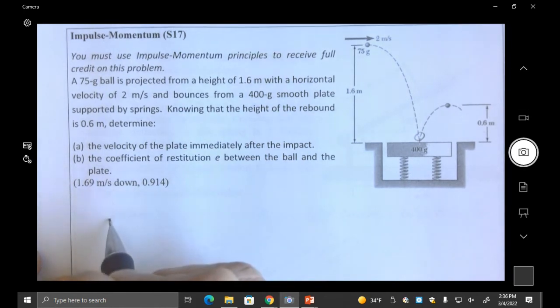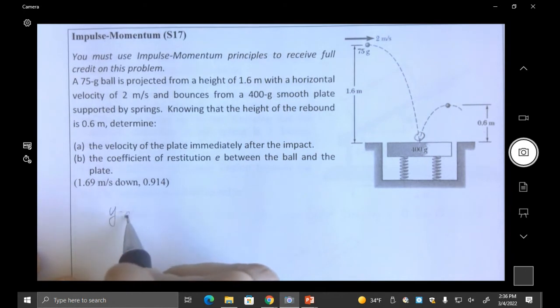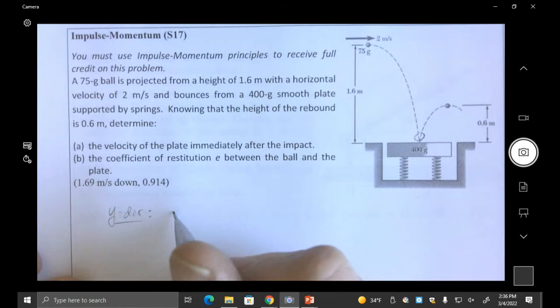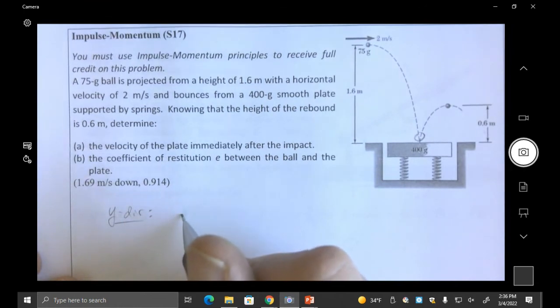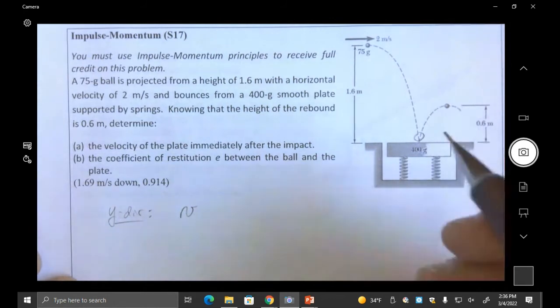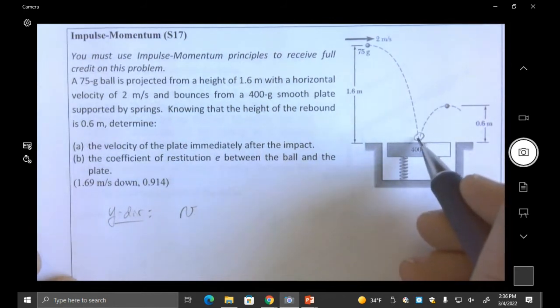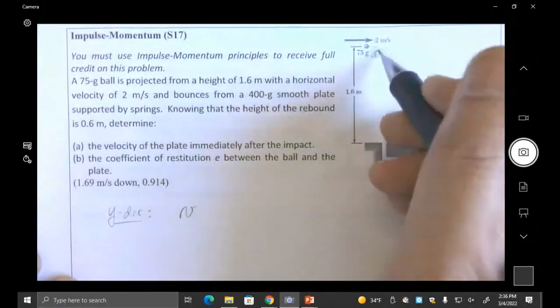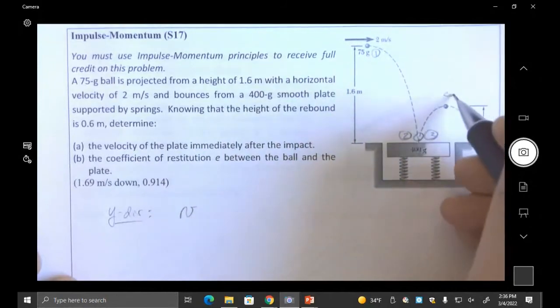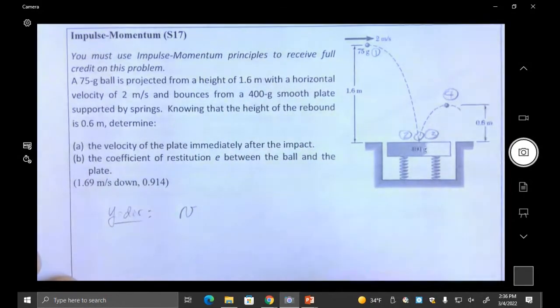We could say that in the y direction, I'll call this state 1, state 2, state 3, state 4, maybe.